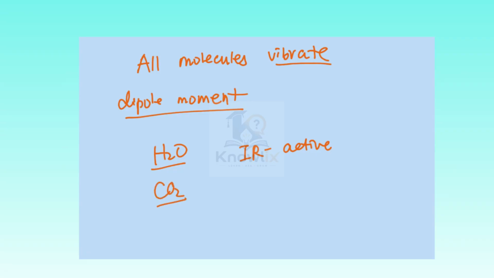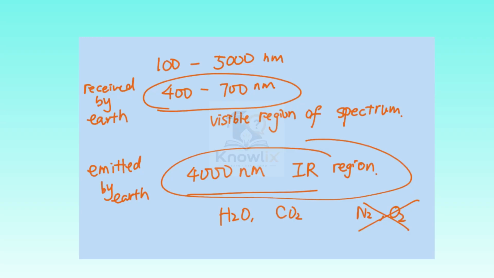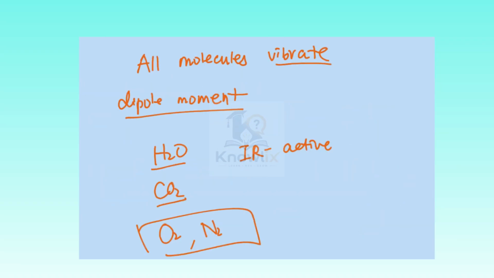Carbon dioxide is also a polyatomic molecule, so it can vibrate as well. But we said that oxygen and nitrogen will not absorb the wavelengths emitted by Earth because they are homonuclear.